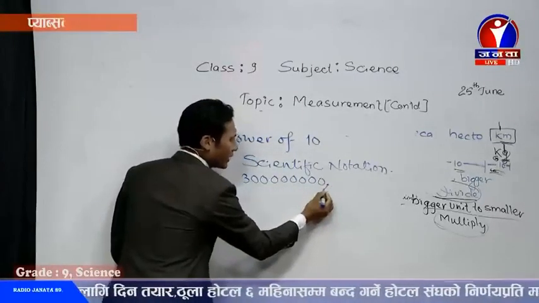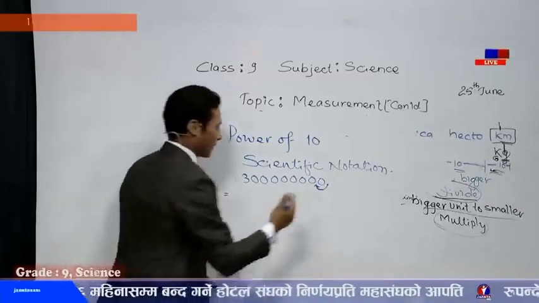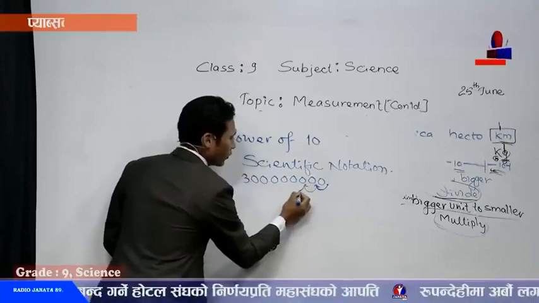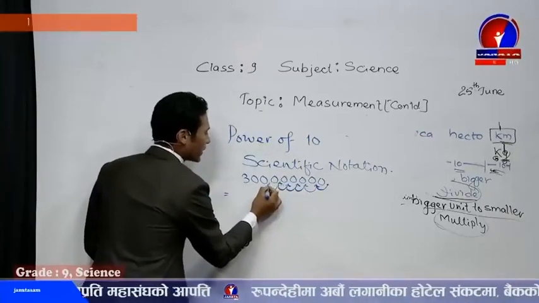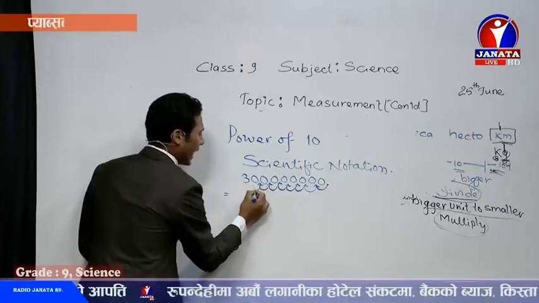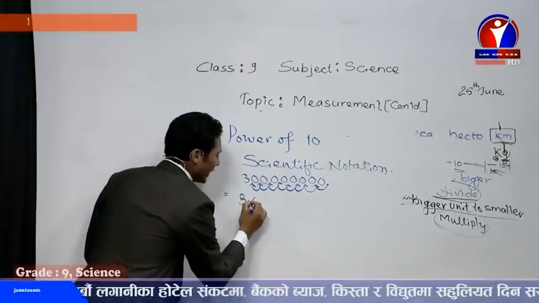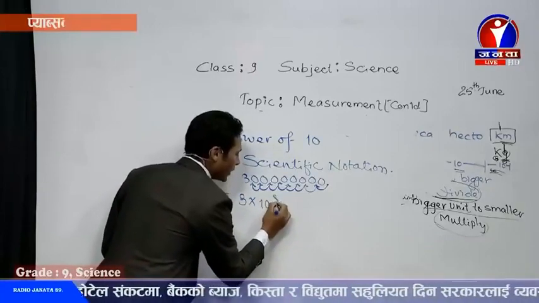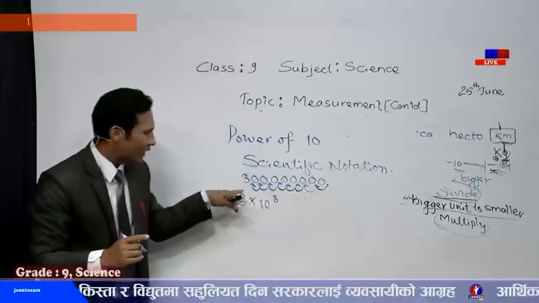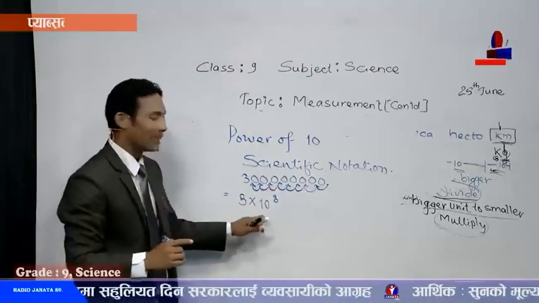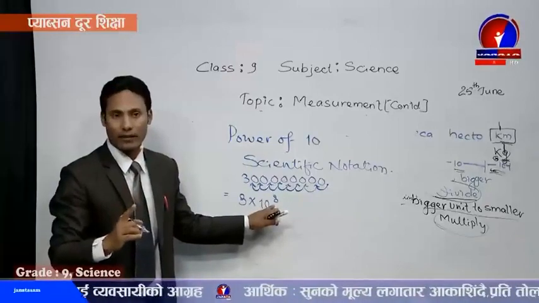Then if I shift this, the power increases. So 1, 2, 3, 4, 5, 6, 7, and 8. That is 3 into 10 to the power 8. That's why the power I have mentioned here is positive, right?